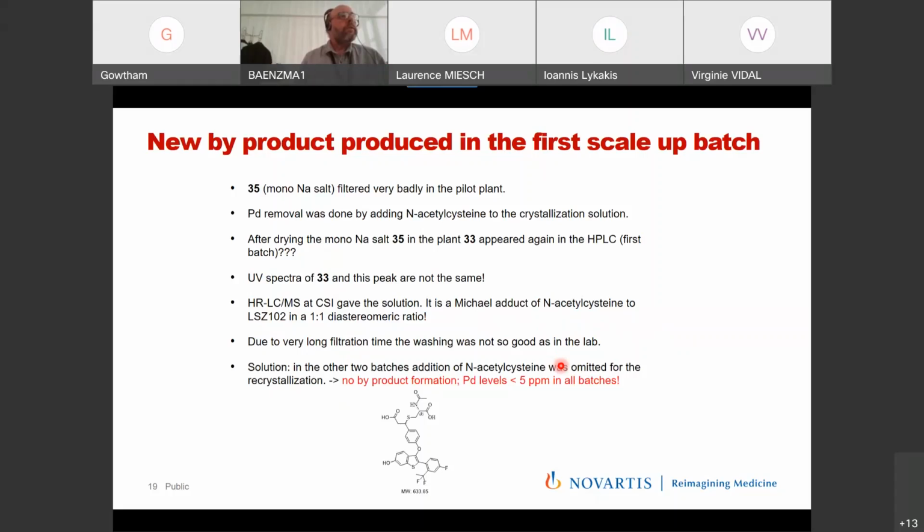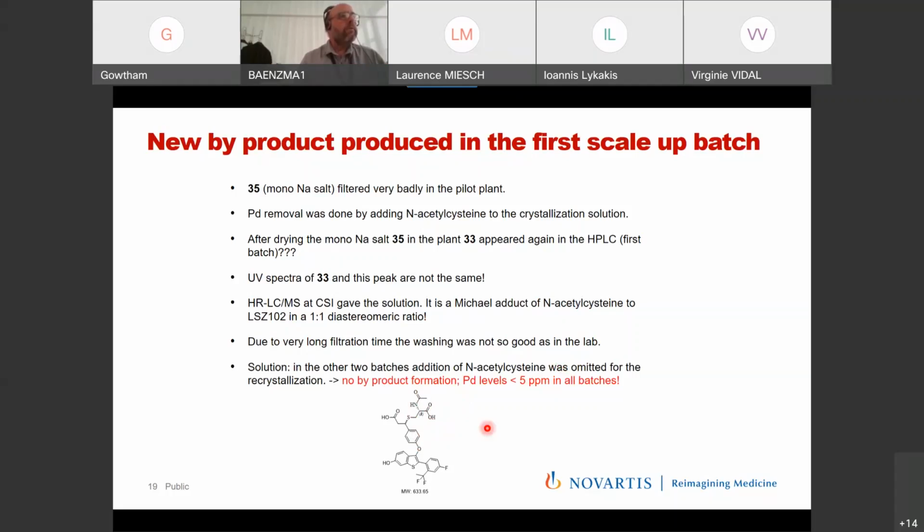In the first scale-up batch, we could isolate an N-acetylcysteine adduct, which was coeluting with the starting material, but we only found out when we took the UV spectra of this byproduct. It was found after HR-LCMS that it's an N-acetylcysteine adduct on the drug substance.